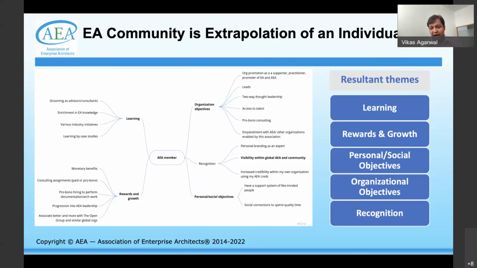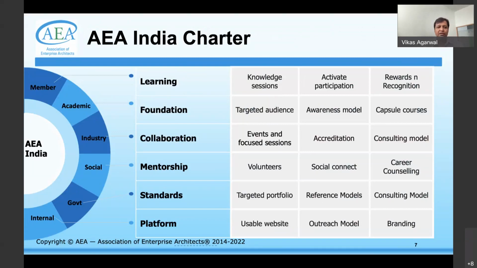With that said, after understanding these objectives for a member, we went ahead and created a charter which will have its own resultant in the form of a roadmap. So I will let Tarun speak about the charter, which is here on the slide.